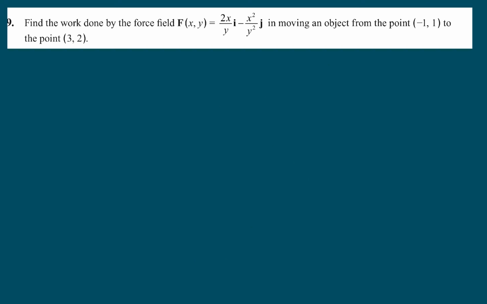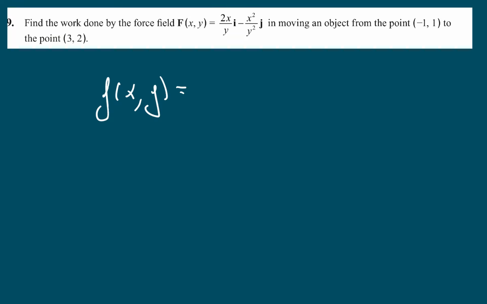So the solution to this problem is exactly, again, the same thing. We need to check that the field is conservative, that the curl of f is 0. What is the potential function f of x, y?